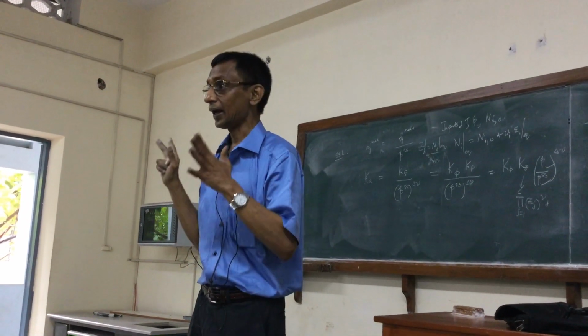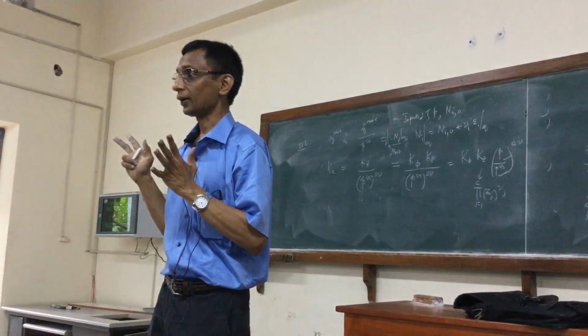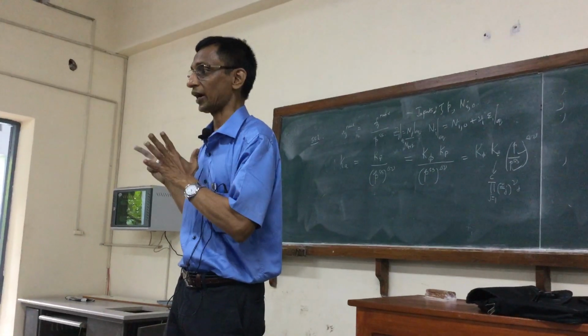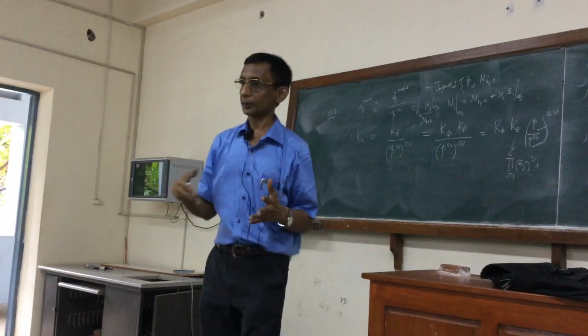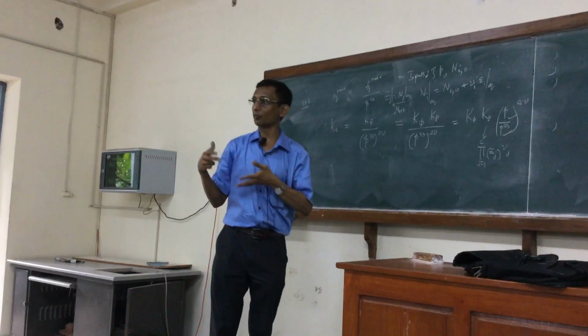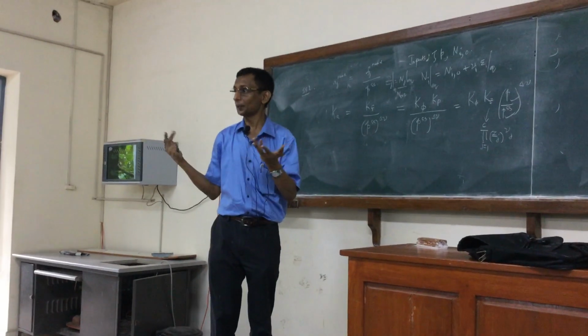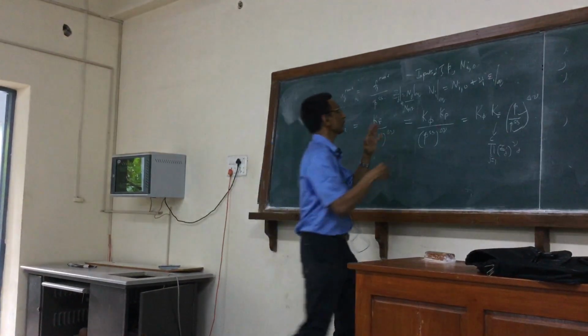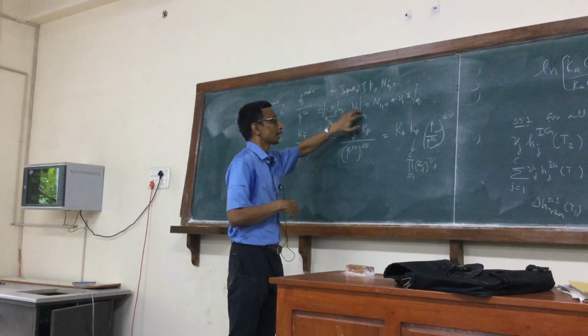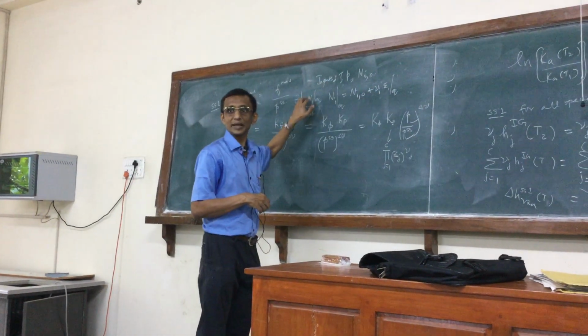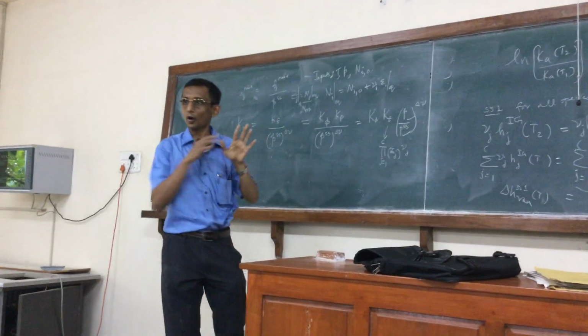So there are not really as many variables as we think there might be, because we are making use of the fact that the stoichiometry determines how the number of moles are going to change. They are not going to change independently, right? So if N_j can be expressed in terms of epsilon, z_j can also be expressed in terms of epsilon for all the j's.